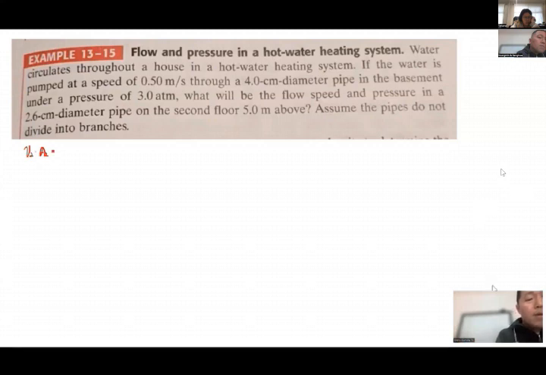So basically, what I'm trying to show you is that the total amount of the fluid passing through in the given time should always be the same regardless of the spot.